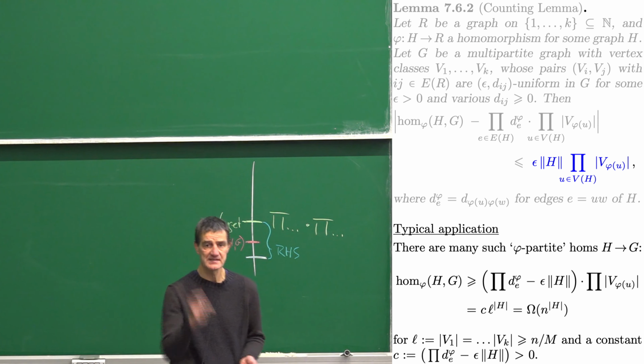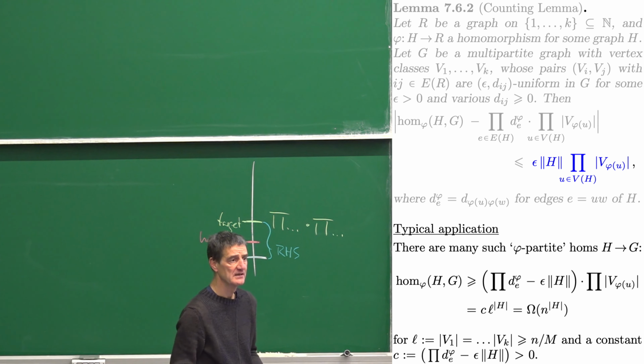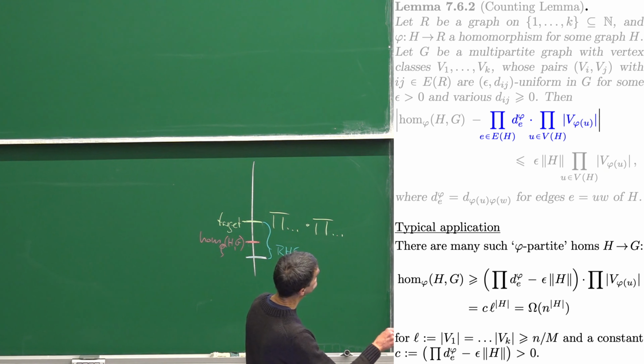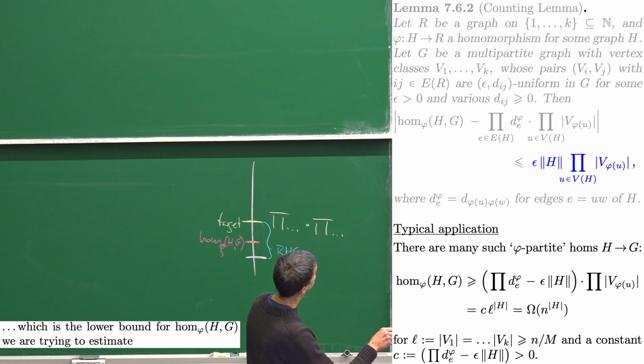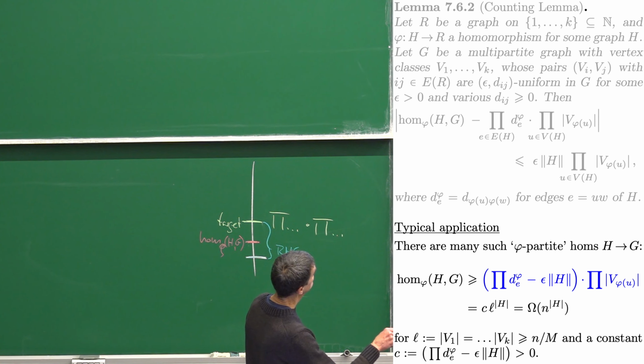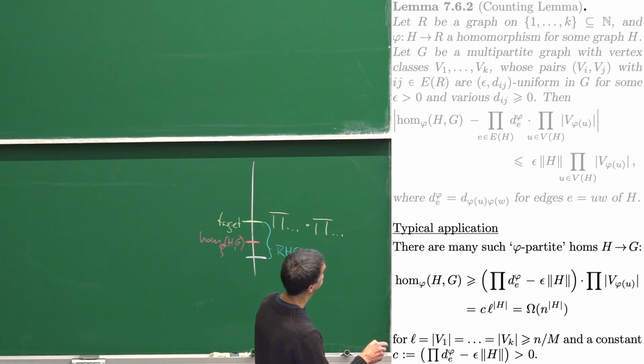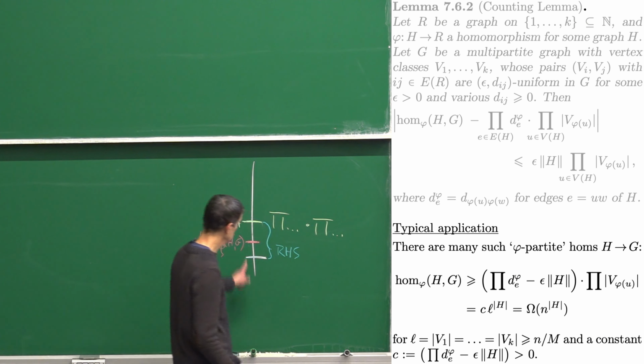The right-hand side is epsilon times the product of all these relevant classes times the size of H. So when you take the target minus the right-hand side, you can bring this product outside the brackets, and inside the bracket you just get the product of all the densities minus epsilon times the number of edges of H. So that's just this rephrased, bearing this in mind.